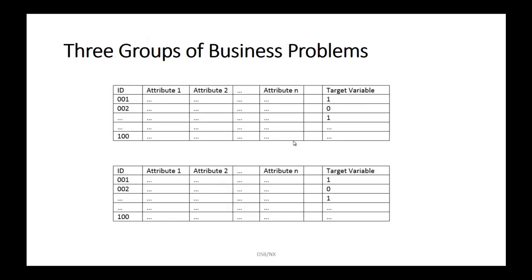Let's now compare and contrast the 3 groups of business problems in terms of their data structure. In predictive modeling, we are trying to find patterns that link the target variable with one or more attributes.